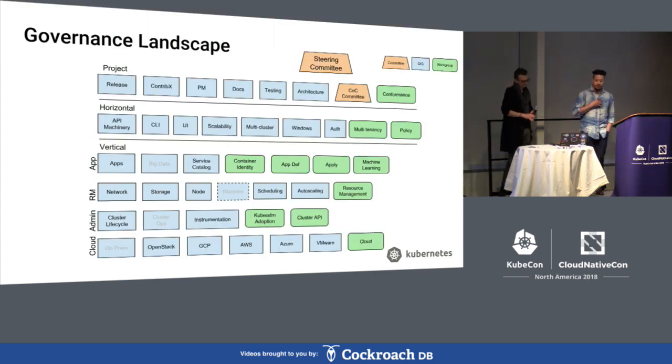So we talked a little bit about the governance landscape of Kubernetes, and I think the slide is important to give you an idea of the scope of the project and the different ways we organize in the project. So first off, there's the idea of committees. Committees in Kubernetes are essentially bodies that are organized to delegate some sort of authority, right? So we have a few different ones.